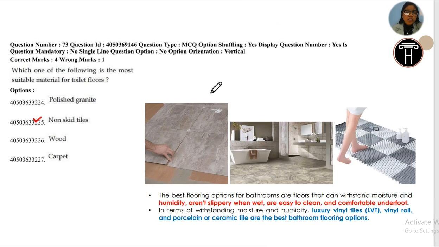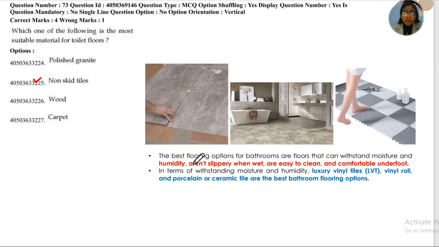Next question is, which one of the following is the most suitable for toilet floors? As we know, the toilet floor is mostly wet or slippery in nature. So for that, obviously we will need an anti-slippery surface. The best flooring options for a bathroom are floors that can withstand moisture and humidity, aren't slippery when wet, which is the most important thing, and are easy to clean and comfortable underfoot.